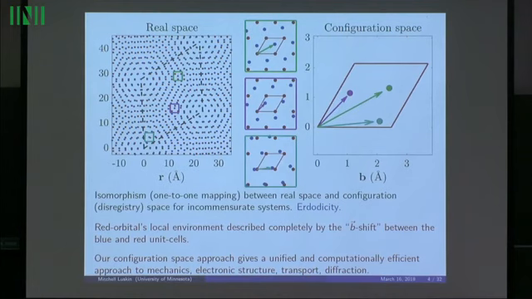I have a function that's periodic with respect to the blue lattice. That function could be the effect of the blue lattice, like an electric potential or a mechanical effect. But now I want to sample with respect to the red lattice.